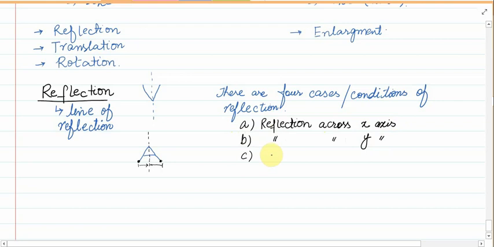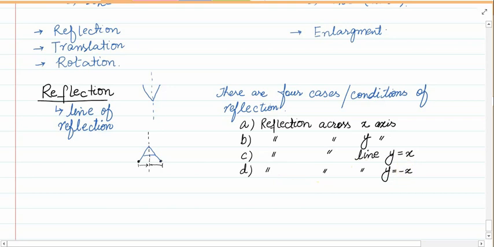Third one, reflection across line y equals x. Last one, reflection across line y equals minus x.